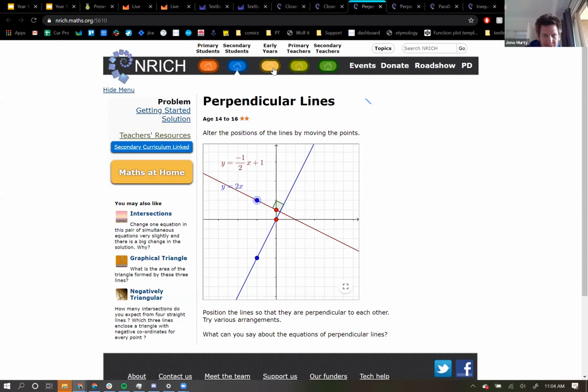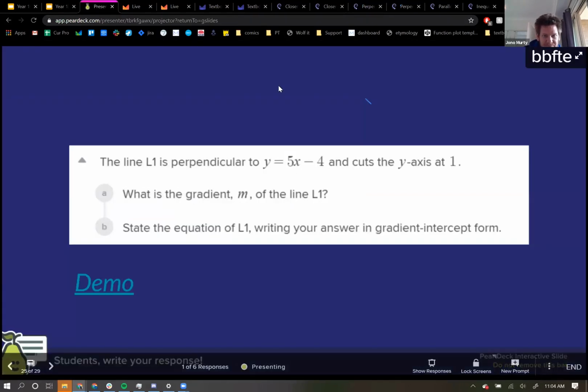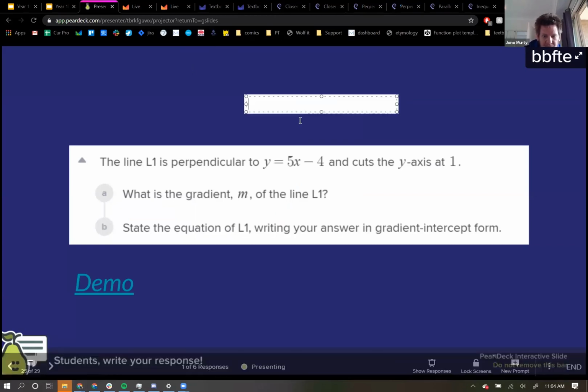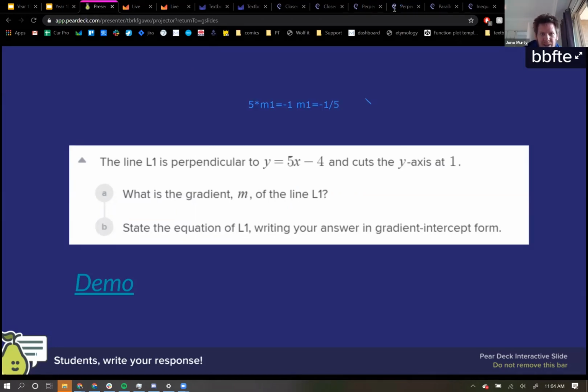One way you can do this mathematically: I know that 5 times m1 has to equal minus 1. Dividing by 5, I get m1 equals minus 1 on 5. So here I know that m is minus 1 on 5.